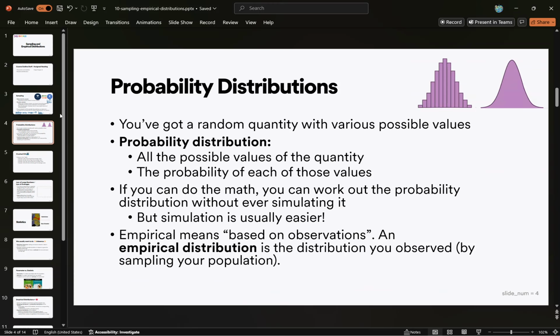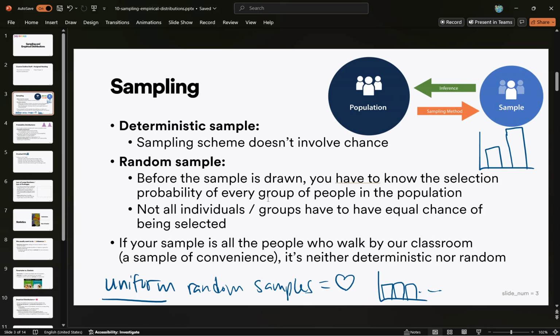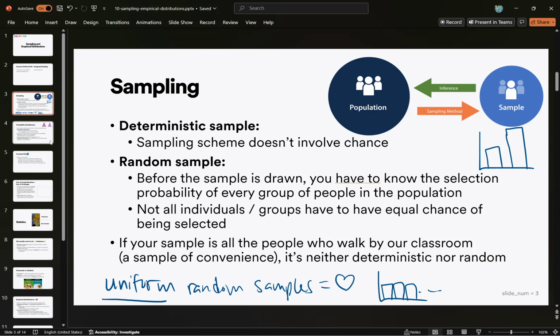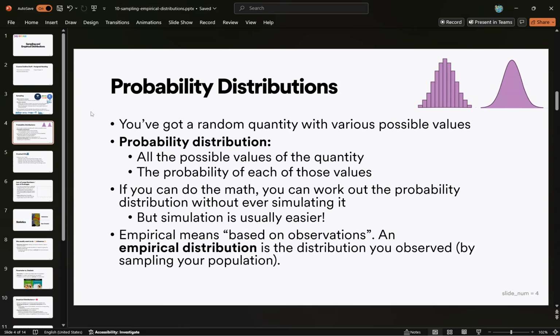So now I want to talk about distributions. Now that we know we can have a random sample, you just kind of have to know the probability of everybody that could potentially be drawn from it, and that's still a random sample at that point. Let's talk about distributions. What this word means is that it's trying to paint a picture of who's going to get picked and how often, if you draw at random.